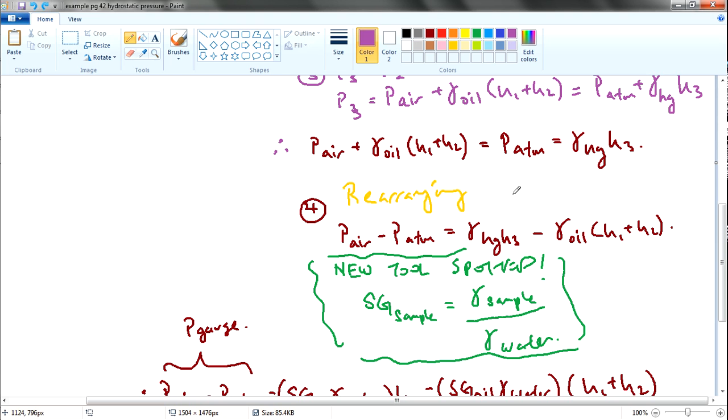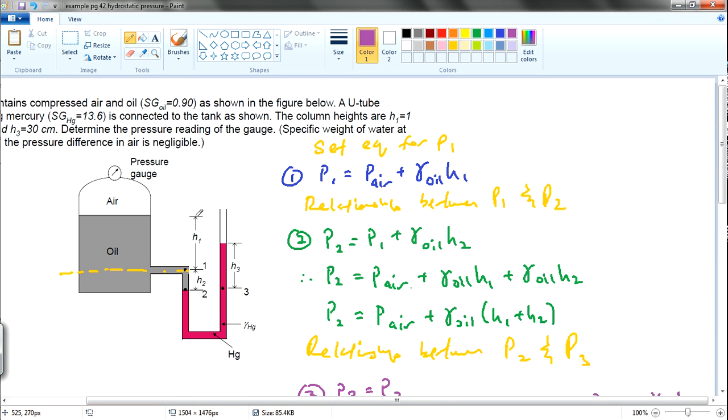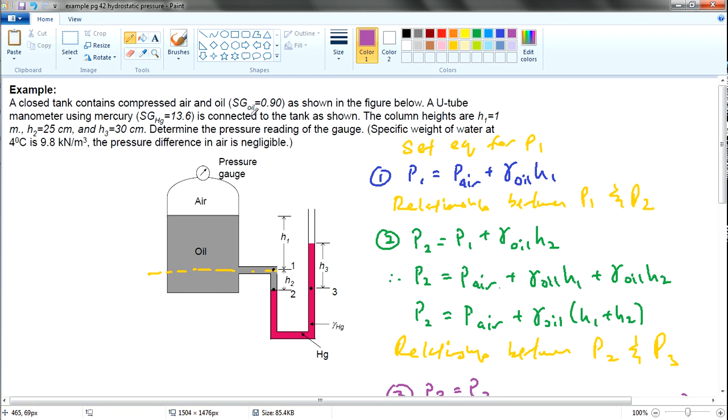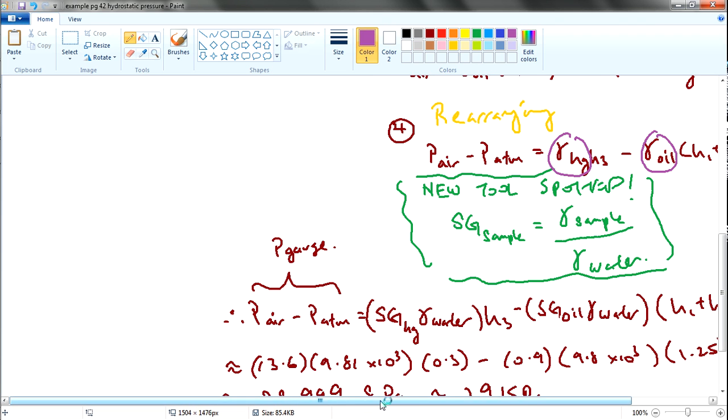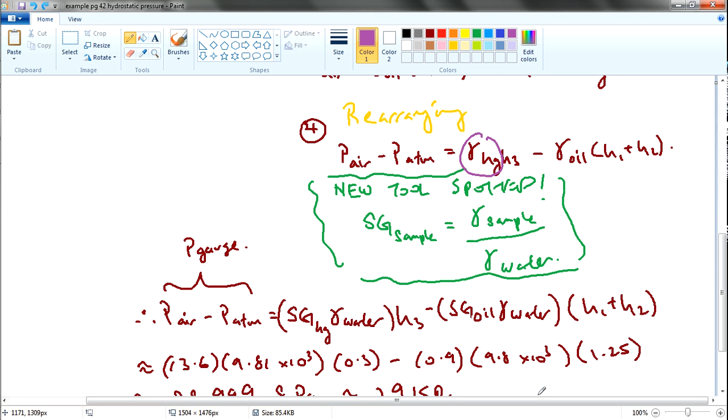So after rearranging, you realize that you have variables like this one and this one that you don't know how to solve because you're not given any information on that. You're only given specific gravity. Since you are given specific gravity and you're given the specific weight of water, we can actually solve for it.